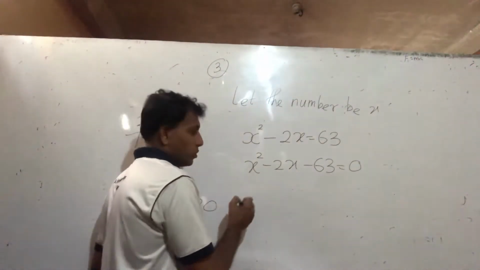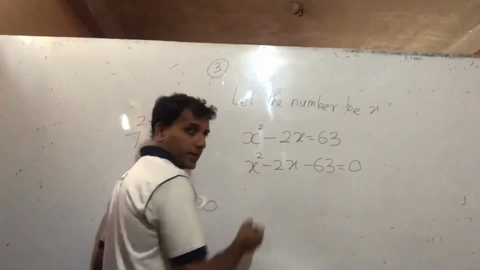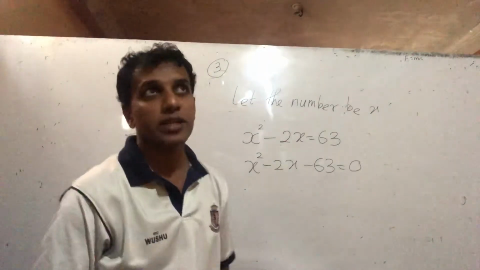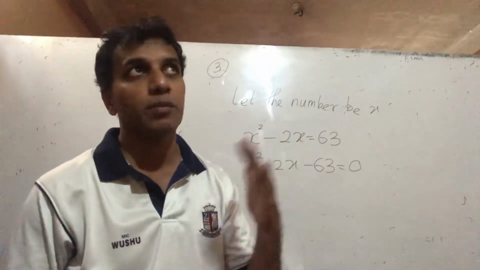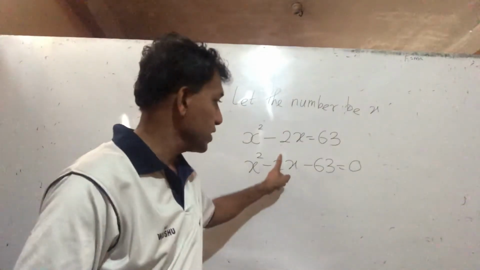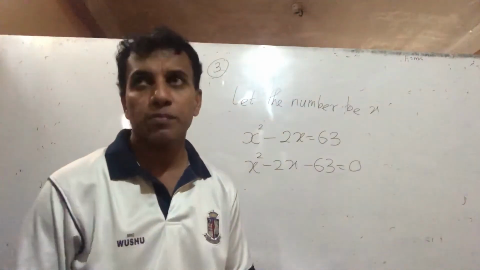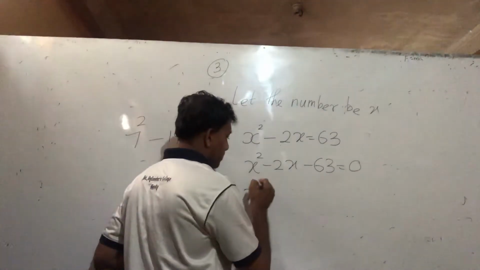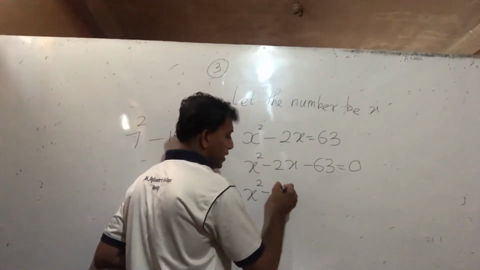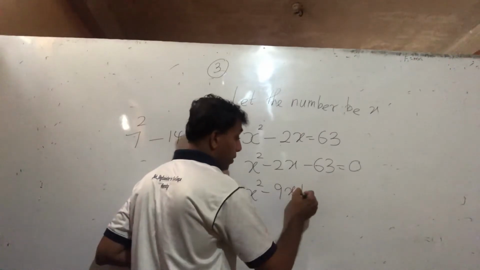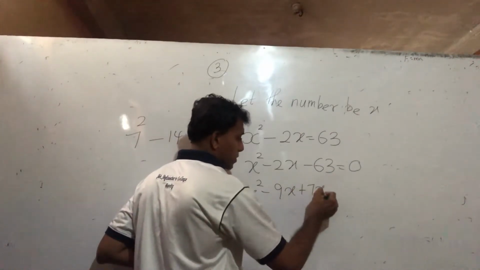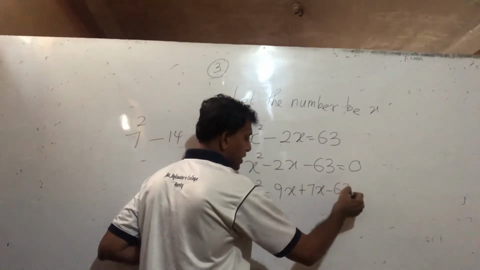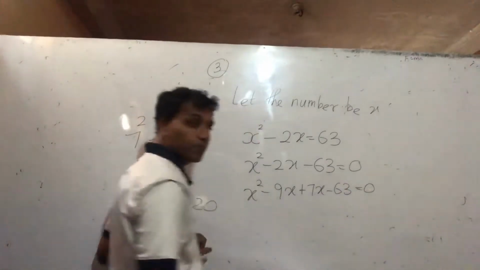So factorize, multiple 63. What are the two values? Multiple 63, summation minus 2: 9 times 7, 9 into 7, 63. So x square, write this, minus 9x plus 7x minus 63 equal to 0.